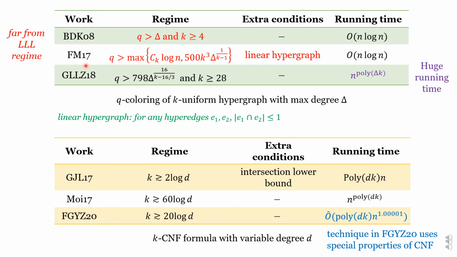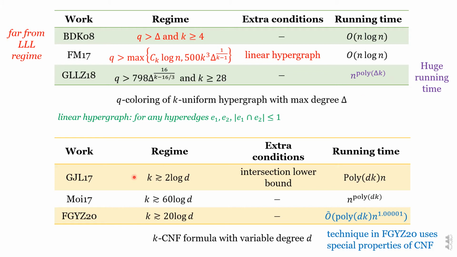The algorithm achieves an improved region, but is only applicable to linear hypergraphs. These regions are far from the LLL region. In 2018, Hen et al. improved the region greatly. However, the running time of the algorithm is n squared poly(delta, k), which is too slow if delta or k is large.